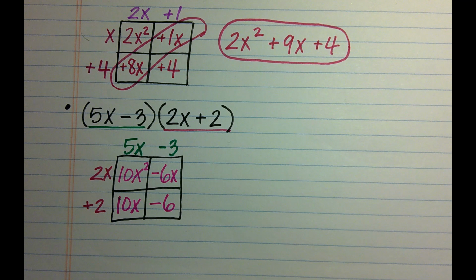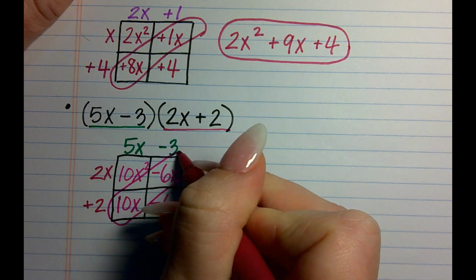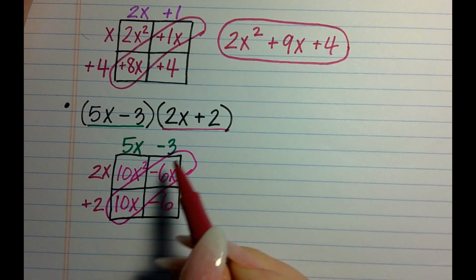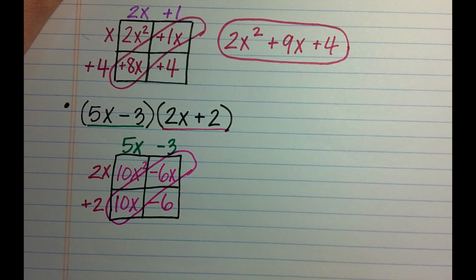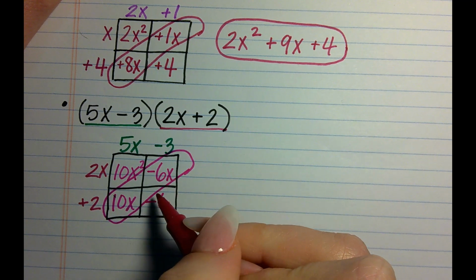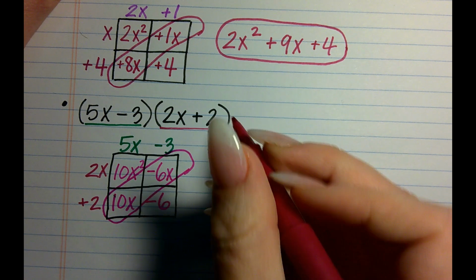Which are the like terms? The x terms. Good. I have 10x and negative 6x, or minus 6x. So, let's see. What is 10x minus 6x? Positive 4x.